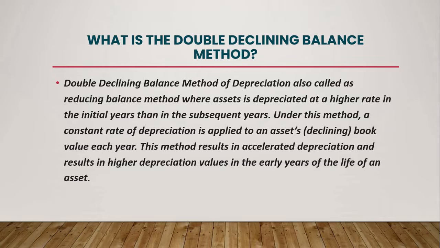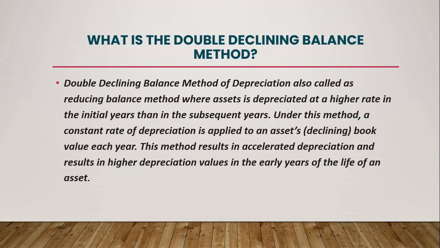Double declining balance method of depreciation, also called the reducing balance method, where an asset is depreciated at a higher rate in the initial years than in the subsequent years. Under this method, a constant rate of depreciation is applied to an asset's declining book value each year.